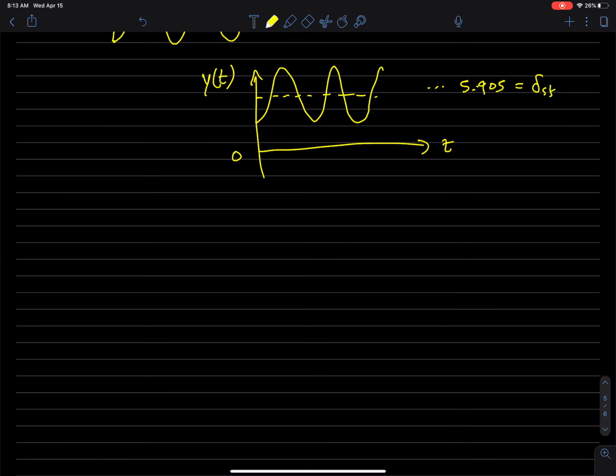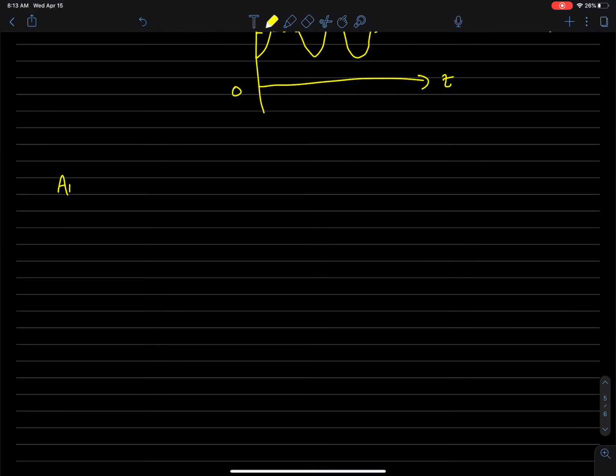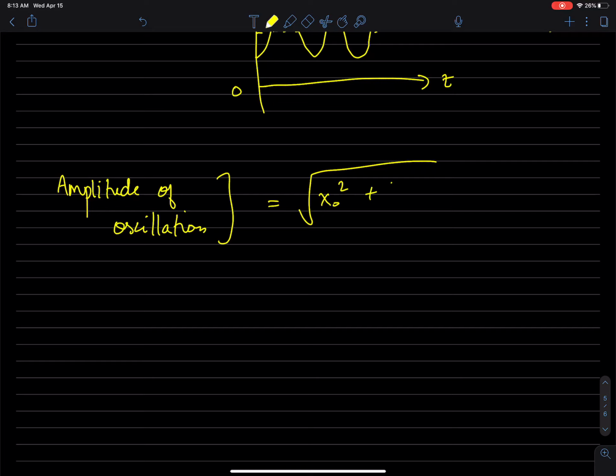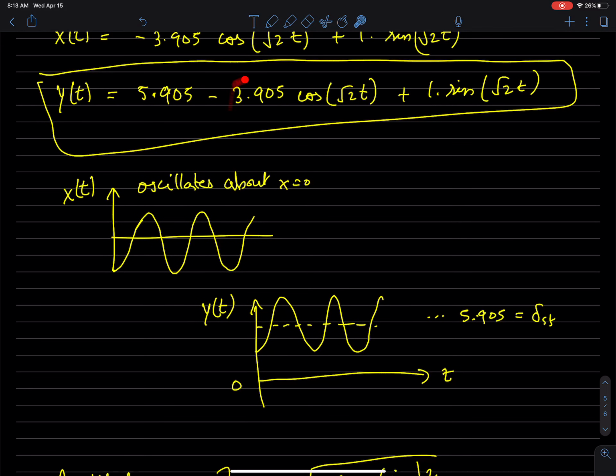I didn't quite ask that, but in this case, if you say amplitude of oscillations, you just go square root of x naught square plus basically this quantity square minus this quantity plus this quantity square.